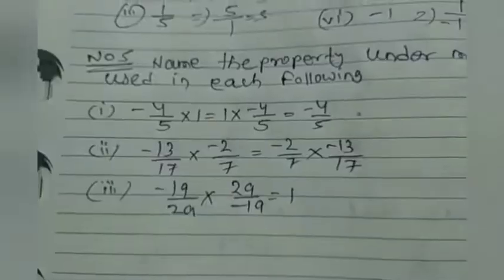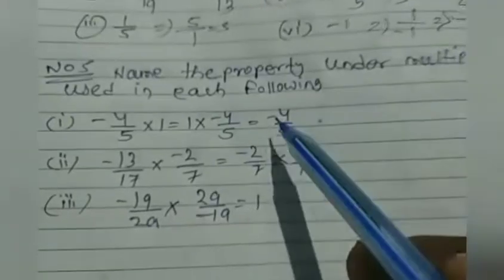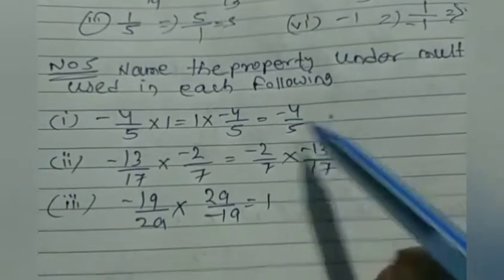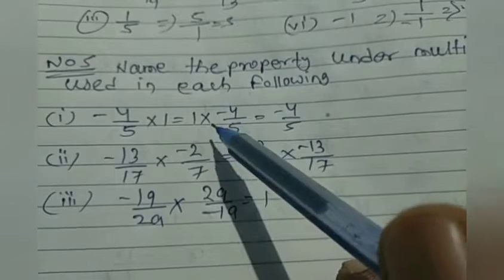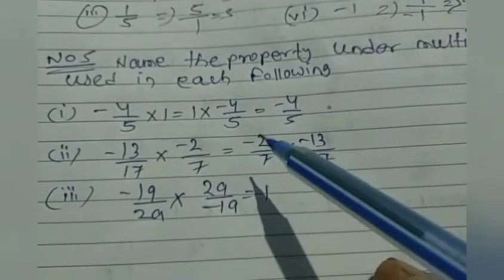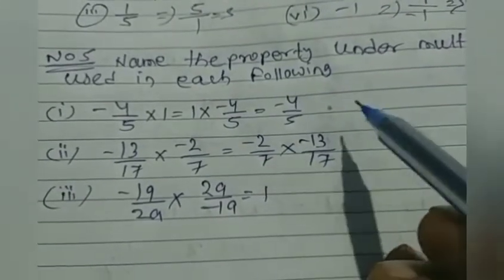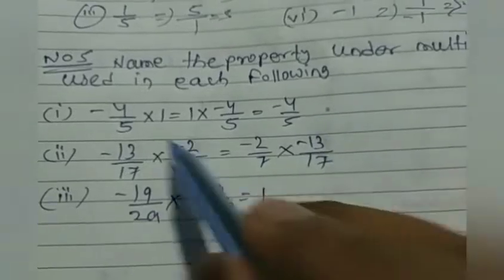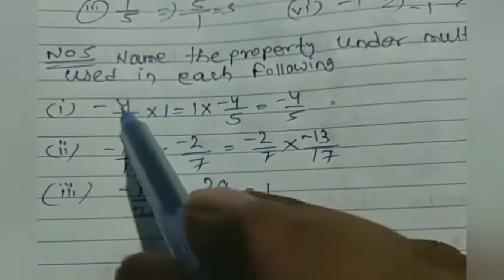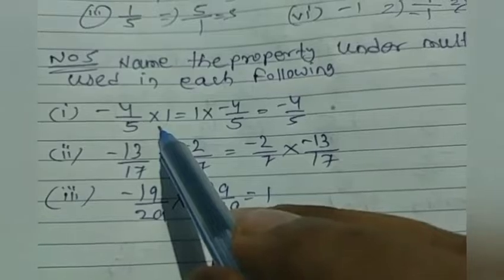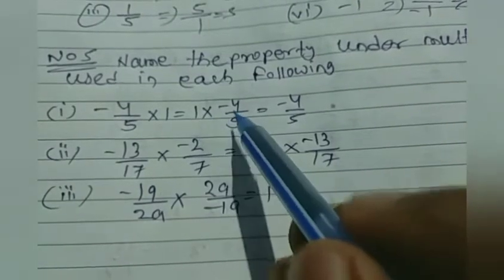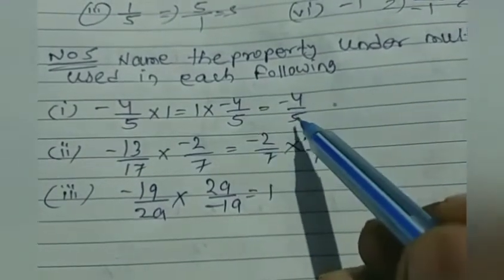Next question is to name the property under multiplication used in the following. The algebraic operation is multiplication, and we have to identify the different properties used. In the first, minus 4 by 5 into 1 equals 1 into minus 4 by 5, which gives the result minus 4 by 5.